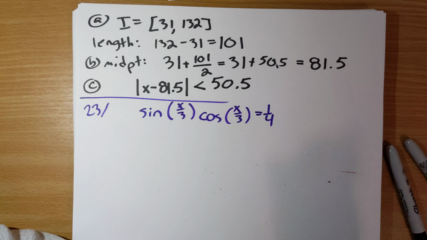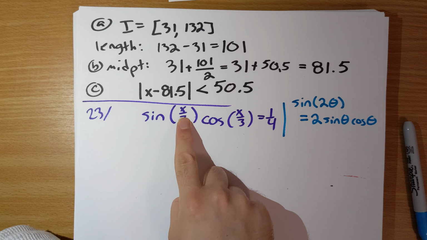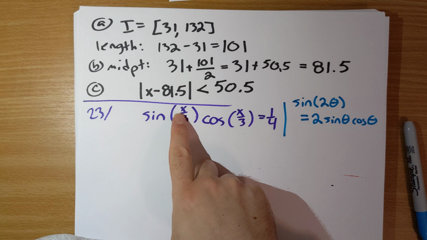So the trick that we need to remember here is the following identity. It's the identity that says sine of 2θ is equal to 2 sine θ cosine θ. And so what we have here is that we're thinking of θ as x over 3.